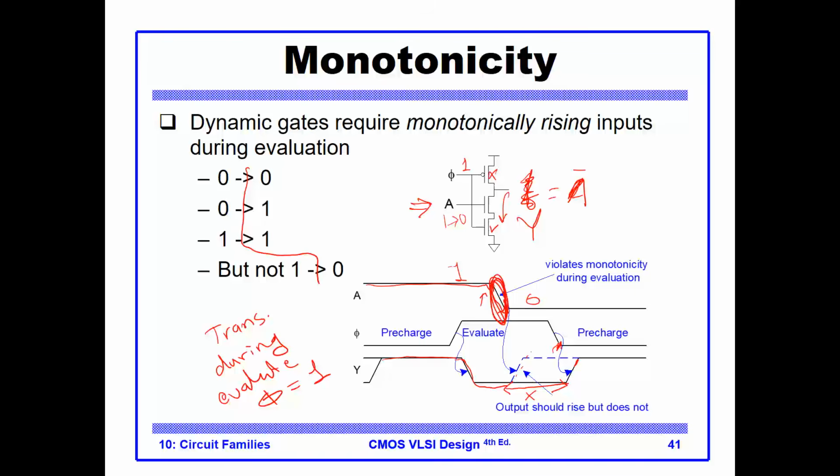So during this time the output remains 0 erroneously, and therefore we should disallow this type of transition. The input should not transition from 1 to 0 during the evaluate. This is illegal.